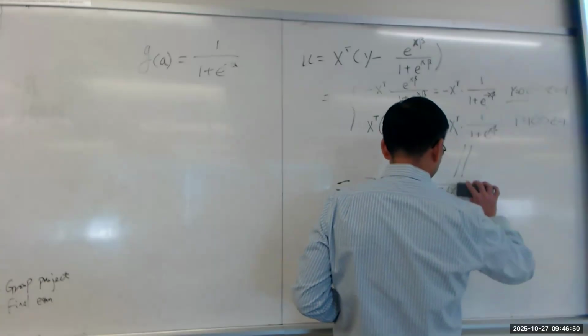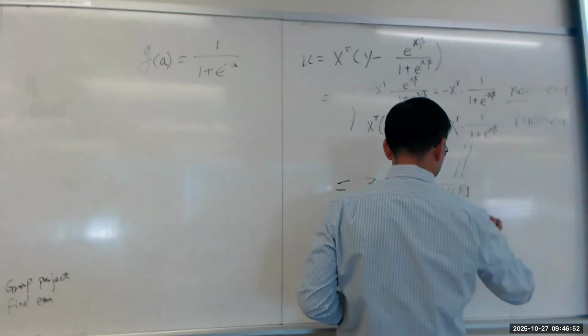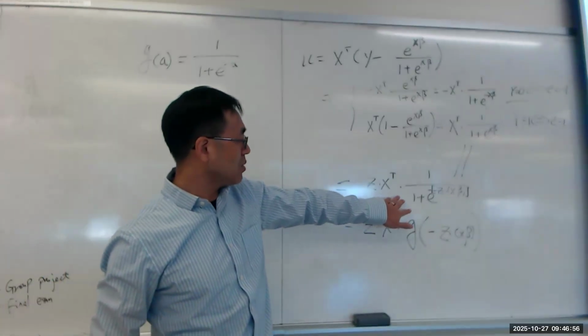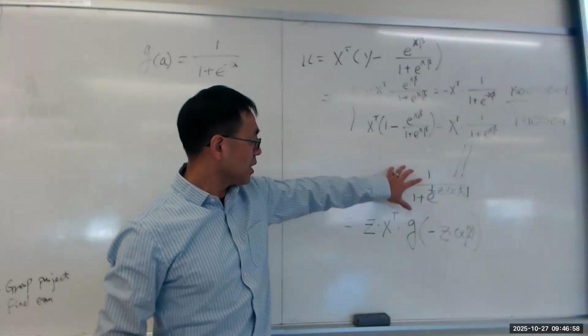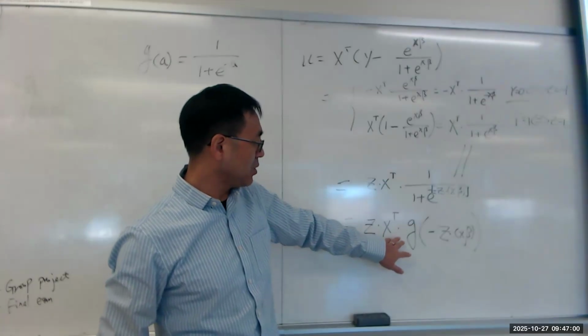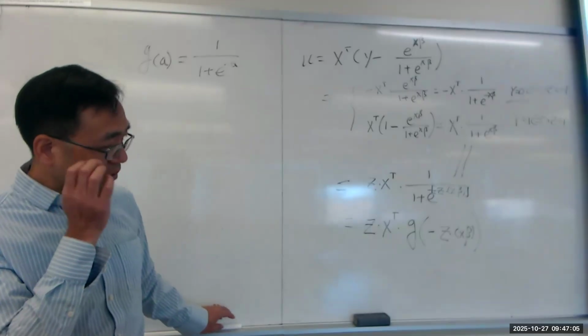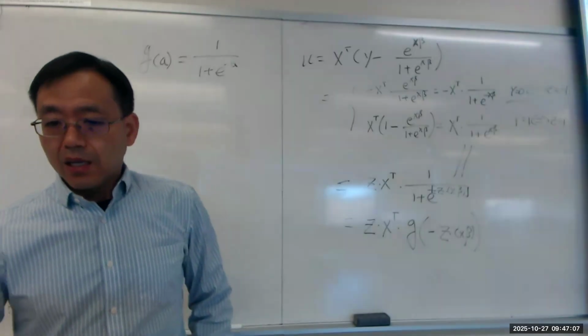So the gradient is z times x transpose times g of negative z times x beta. Okay, this is the setup.